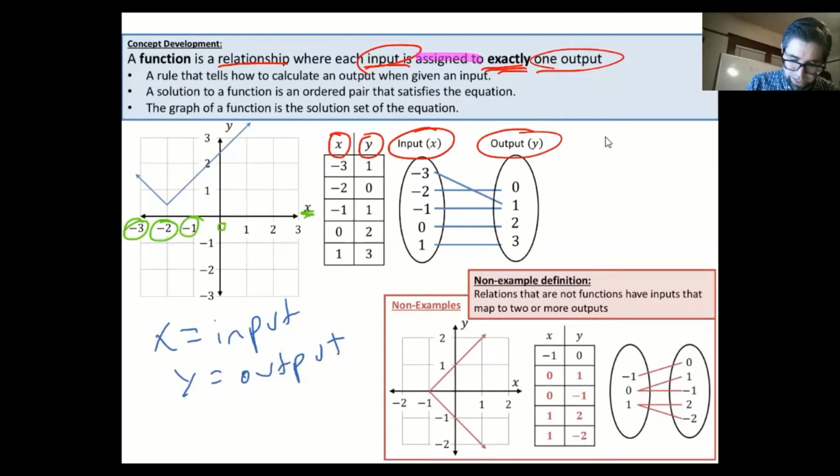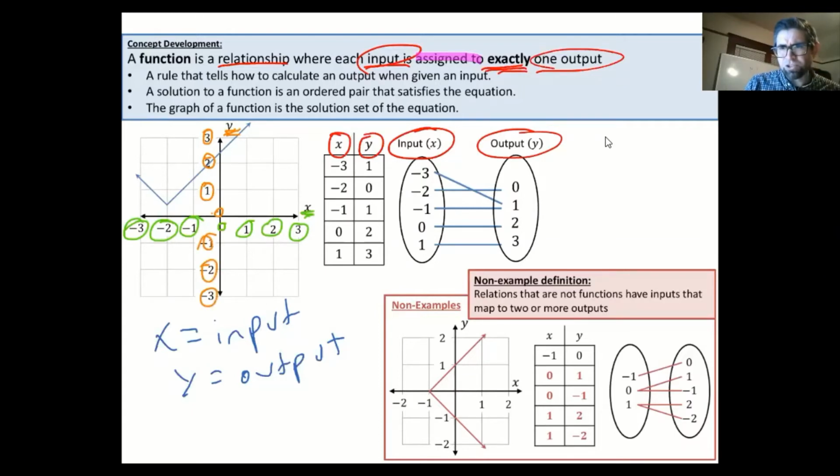This would be 0 right here, 1, 2, and 3. So those are all our inputs. Now, each one of those inputs has to be assigned to exactly one output, to exactly one y value. All right, so let me see if I understand what that means. If the y values, let's say I'm going to do these ones in orange, the y values are all these numbers, and we could say that 0 would be right here.